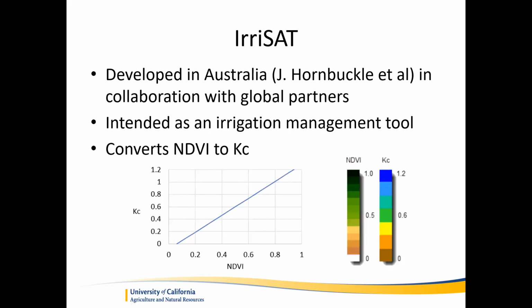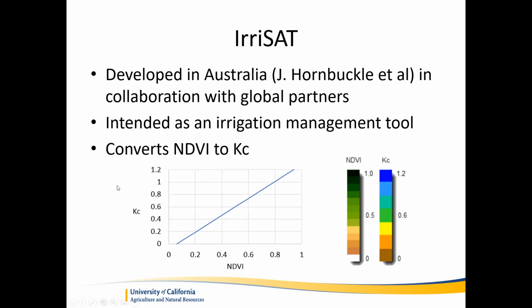Okay. So for the first approach, the IRRISAT website is, I think, by far my favorite tool to use for this. It was developed in Australia with John Hornbuckle and a group of people. It's a website that was developed for farmers to use satellite NDVI as an irrigation management tool.